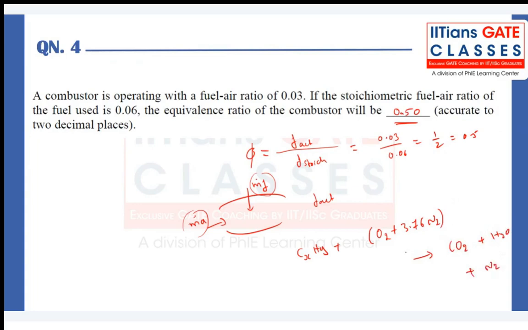So x CO2 plus y by 2 H2O, plus x plus y by 4 times N2 times 3.76. So I have to add x plus y by 4 amount of oxygen to combust it completely. So it's a chemical balance.